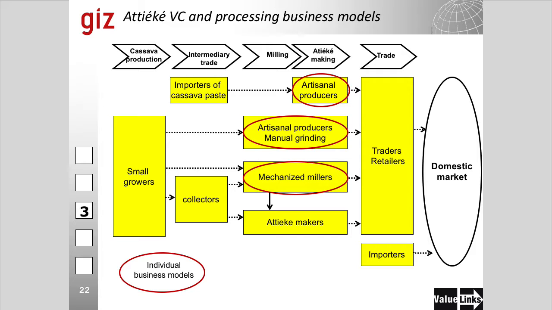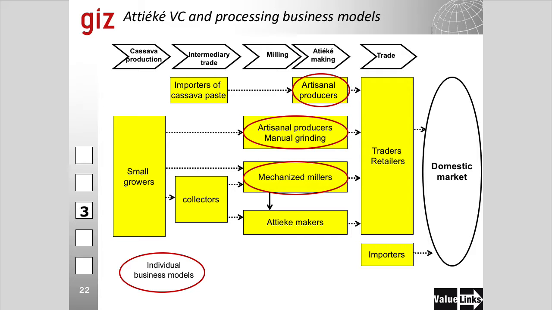You can see that we have distinguished here 2 stages, 2 key activities, if you may say so. If you follow the business model canvas terminology, then it's key activities. One is milling, the other is attiéké making. And then from the attiéké makers, it goes on to traders and retailers who sell it on the domestic market.